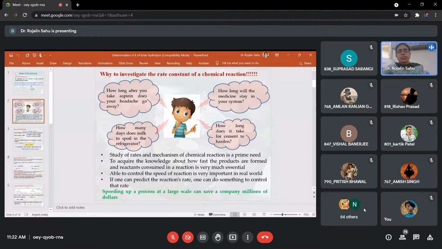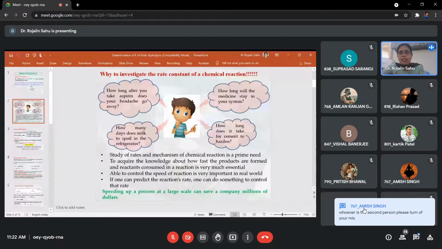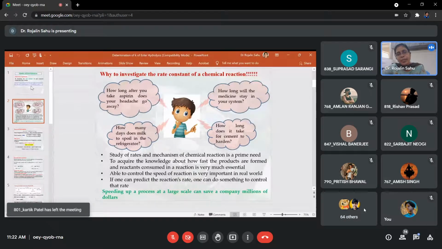So what is the requirement to determine the rate constant of a reaction? You can see in this slide that when we have some pain, we take some medicines, and on some medicines it is written SR, which means sustained release.